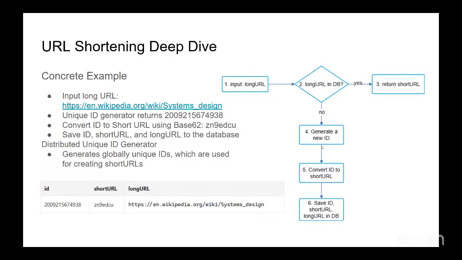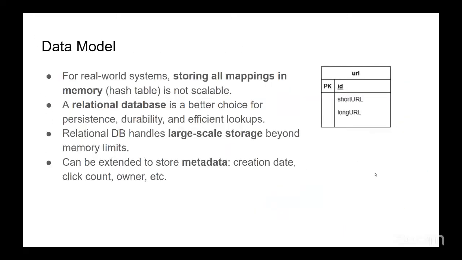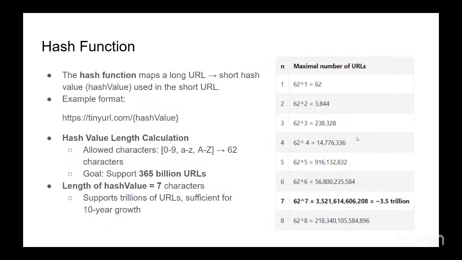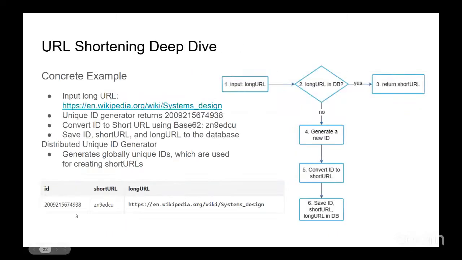And then we will convert that ID to a short URL using base 62, and then we will save that ID, short URL, and long URL in our database. We also had this data model that we discussed, right? Where we had this ID, short URL, and long URL. So we will store that information in this table. Okay. So here we have this ID, short URL, and long URL that we have stored in the table.